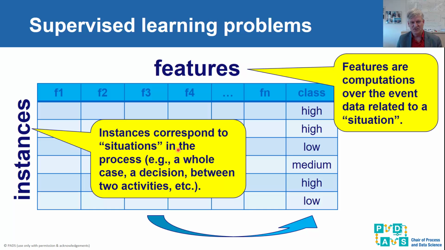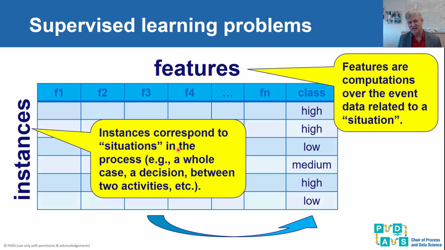So a situation can be a case as a whole. When we are, for example, interested in flow time, it could refer to a particular event. It can refer to making a decision. It can refer to executing a certain phase of the process. So we need, from the event data, using the process model, to create situations, rows in this table. And the features are then computations over the event data related to such a situation.